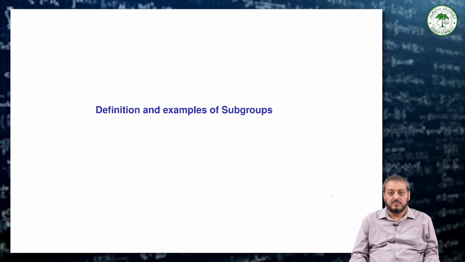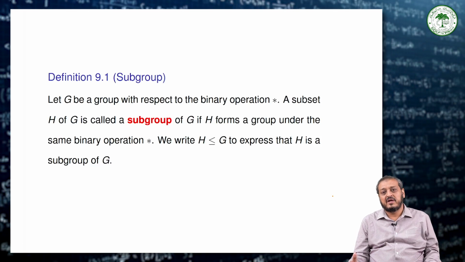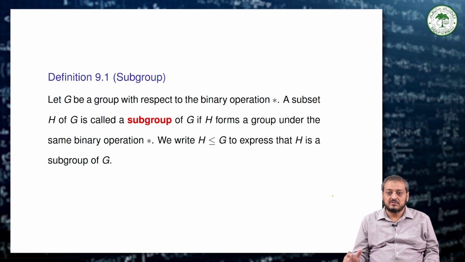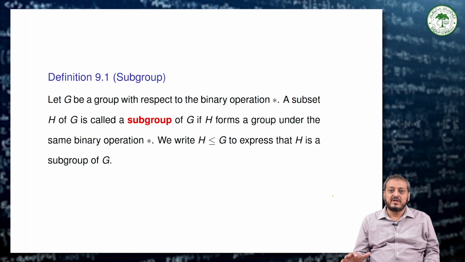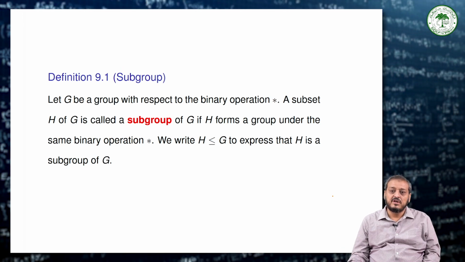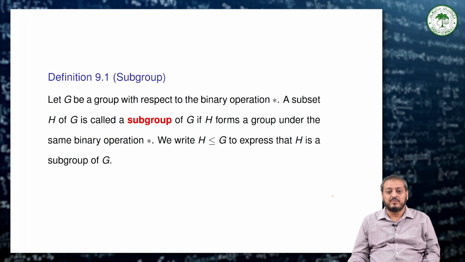So, a subgroup: let G be a group with respect to the binary operation star. A subset H of G is called a subgroup of G if H forms a group under the same binary operation.